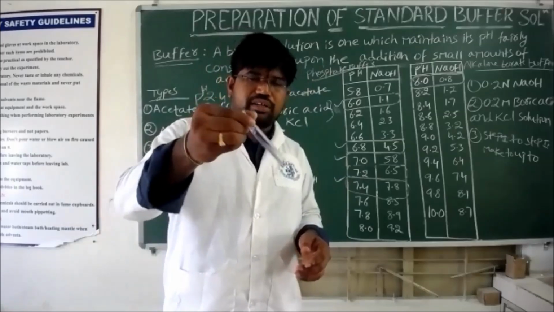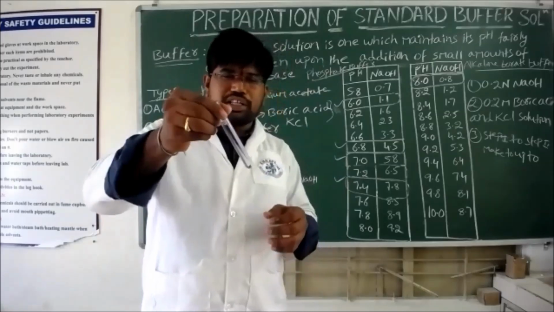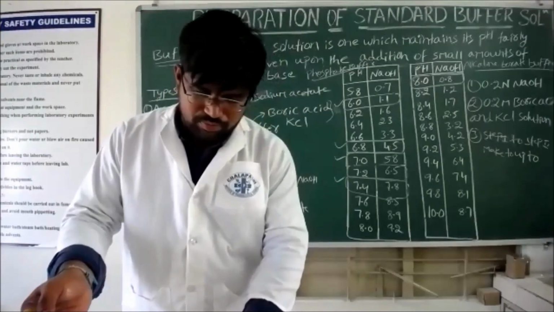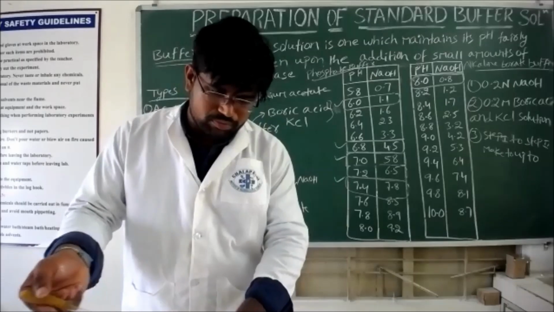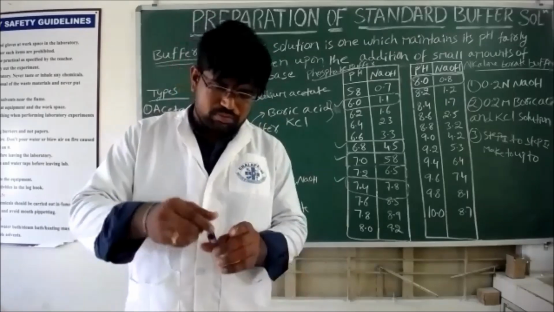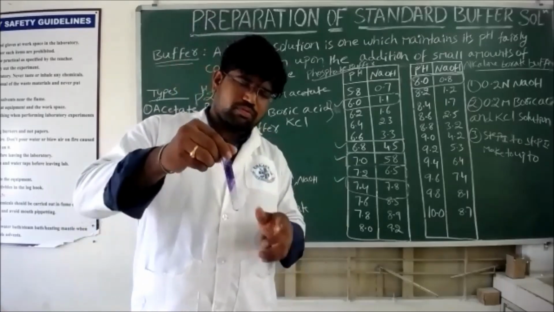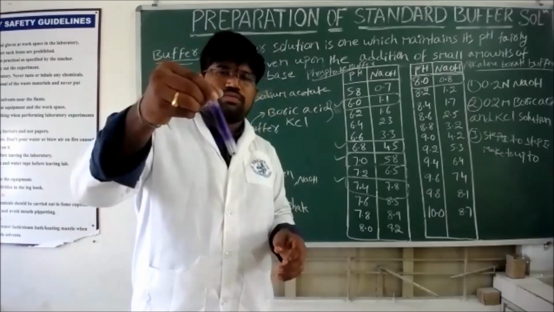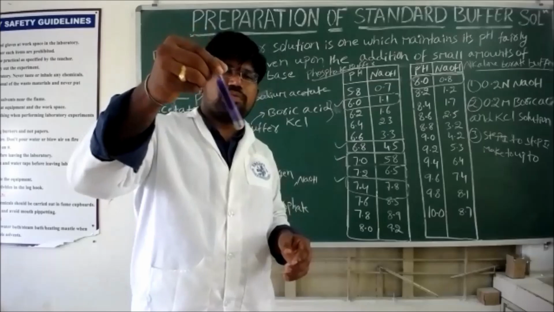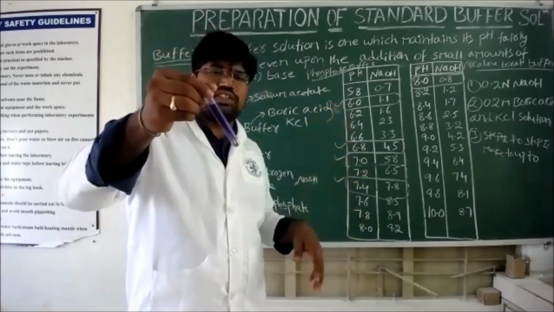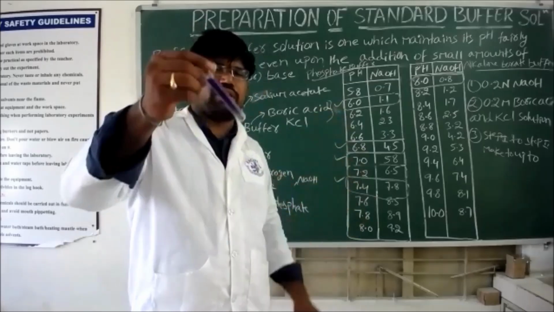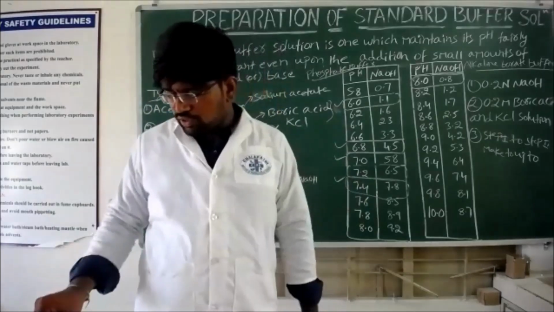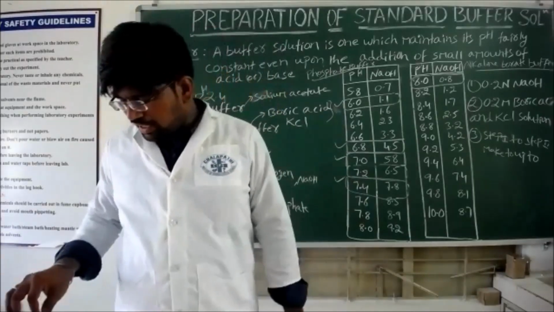Mix gently, and automatically it will produce the color. Now this is the color of that pH 6. pH 6 generally is neutral, and it will produce the blue color. If it is alkaline, slowly it will produce the green color.